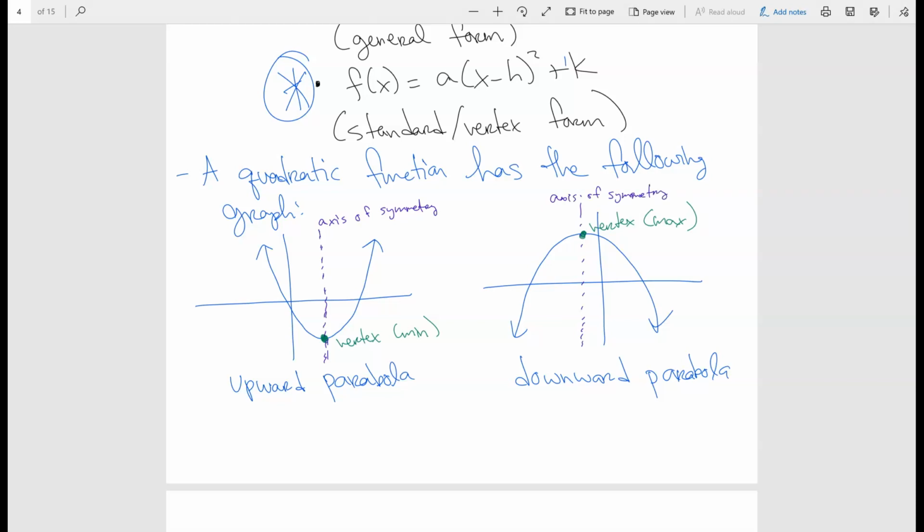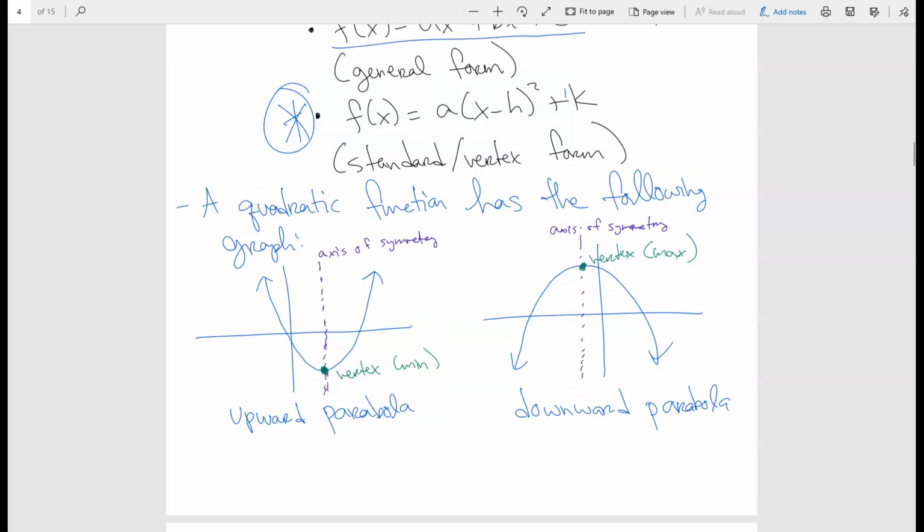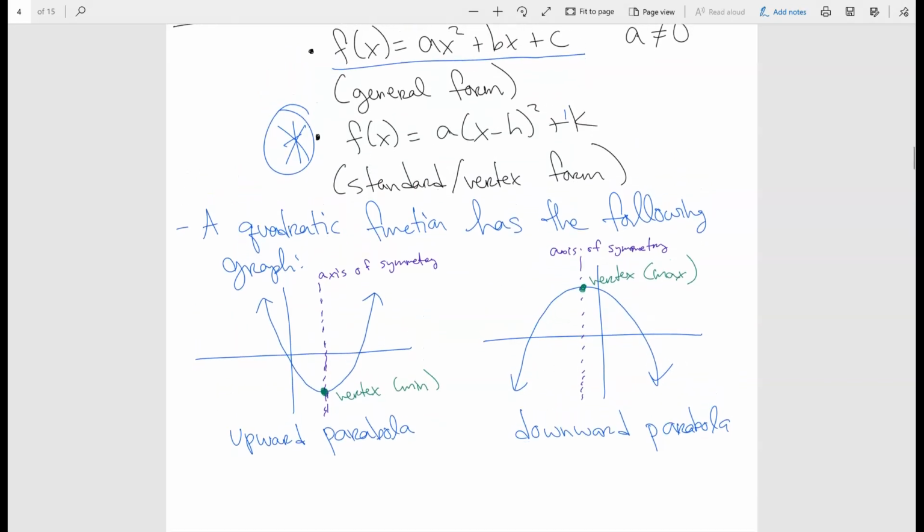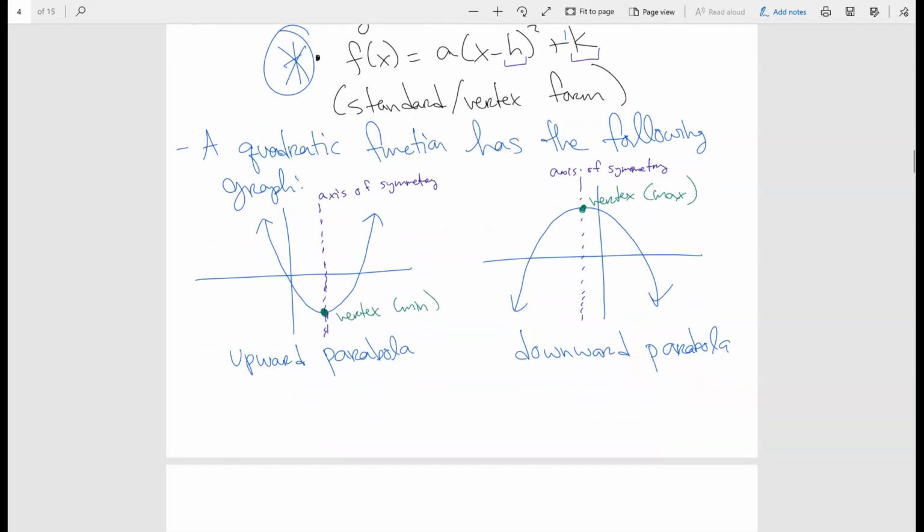Okay. Now, where is this vertex located? Well, this vertex is located at this particular point, (h, k). So this point right here is the point (h, k). Okay. So that's basically where the vertex is. The axis of symmetry depends on the x value.